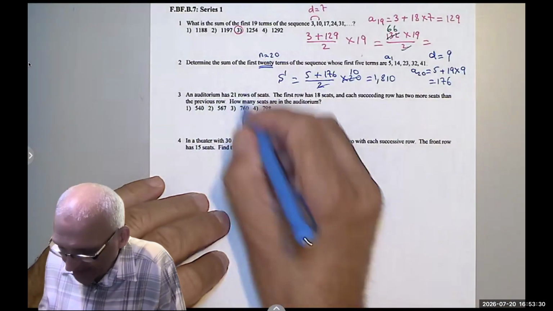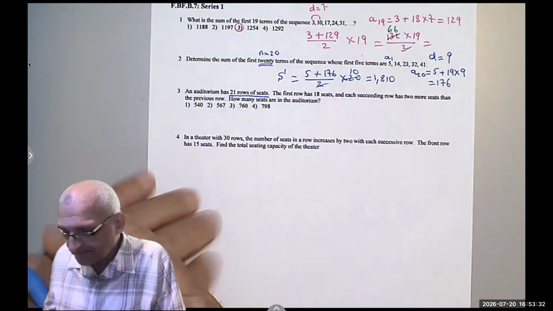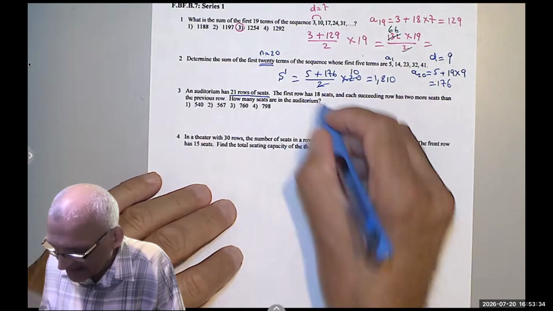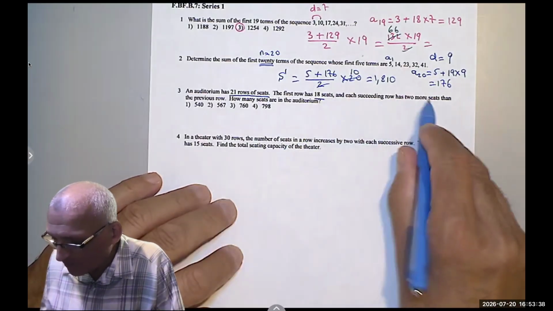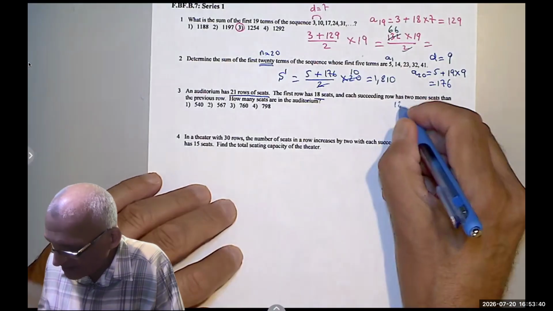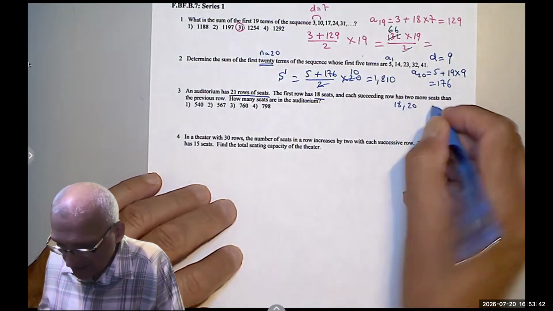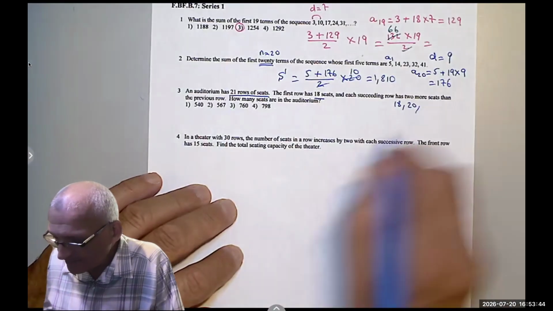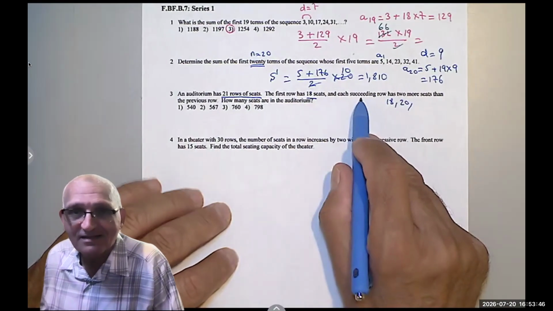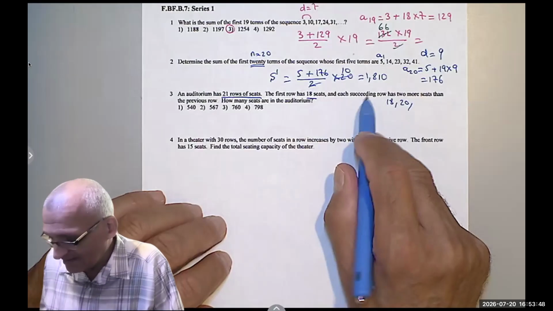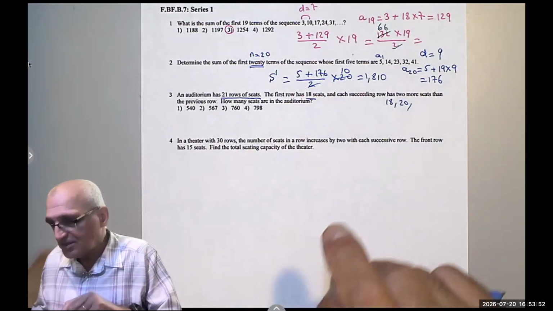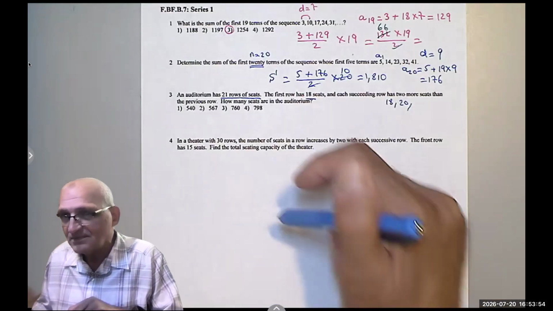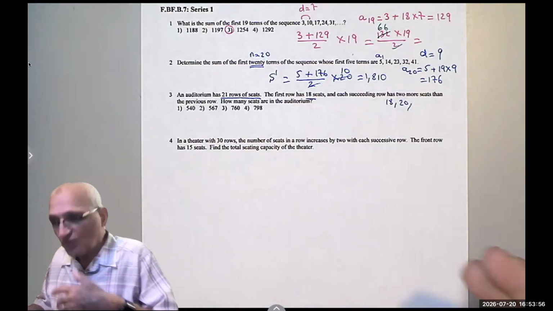An auditorium has 21 rows of seats. The first row has 18, and each succeeding row has 2 more. So 18, 20, then the next row. Now, this is like when we give you two equations and we tell you, remember when we said it's like a recursive equation?